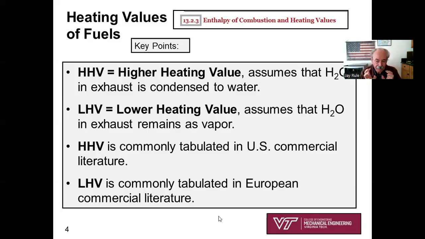And when you delve into the literature, particularly commercial literature, you will see that the heating value is simply titled heating value. It's not common to hear higher heating value is blah, blah, blah, or lower heating value is blah, blah, blah. So just be aware that in the United States, commonly tabulated heating values are quoting higher heating values.